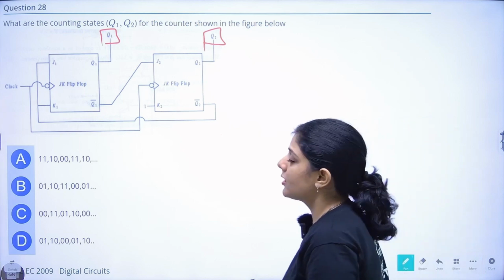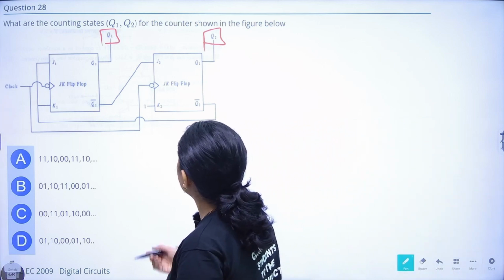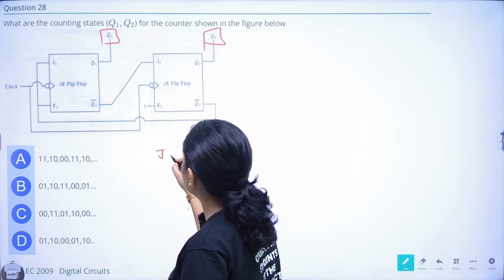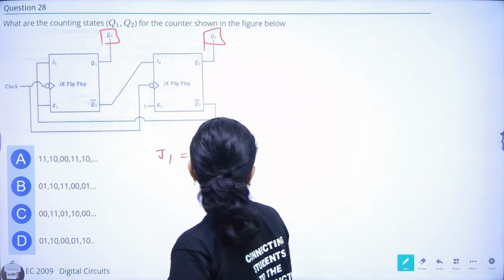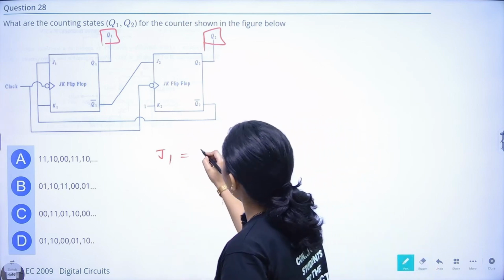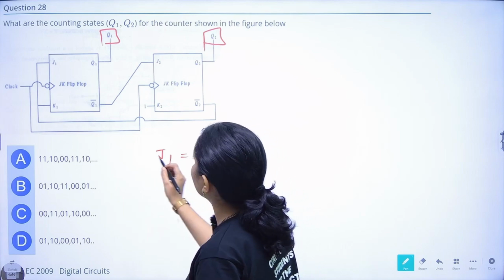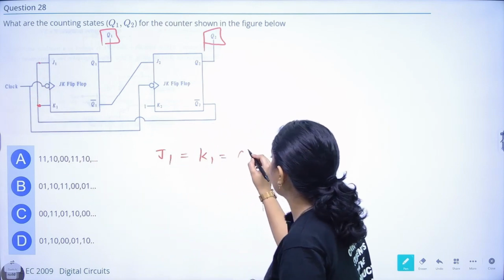Let's see what's actually visible: the values for J1, K1 and J2, K2. From the circuit, J1 equals K1, and they are both connected to Q2 bar.